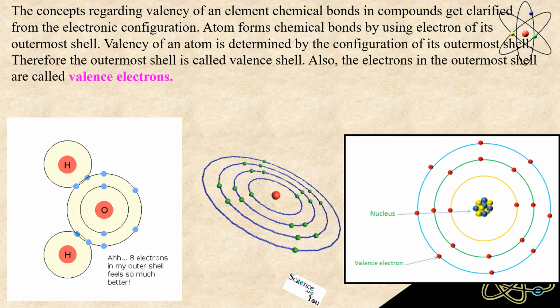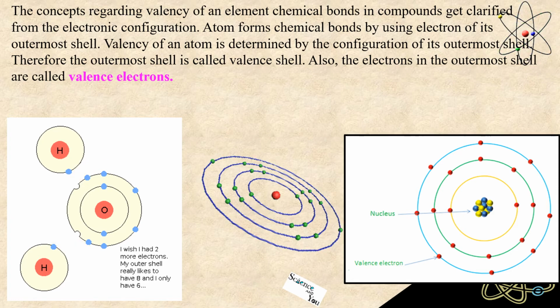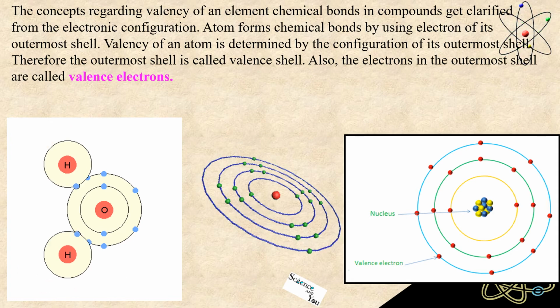So in order to have two electrons in hydrogen, to make hydrogen stable, what do they do? They share their one electron with the oxygen valence shell. Okay, so both hydrogens will combine with the valence shell of oxygen and they will become stable, and oxygen will also become stable. Oxygen is getting 8 electrons altogether.